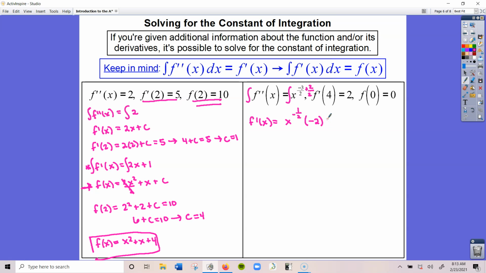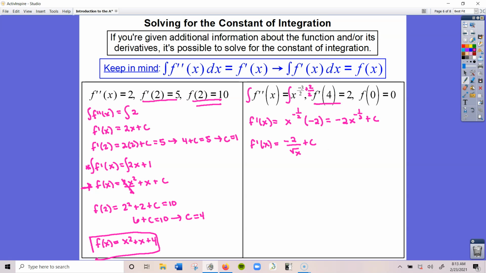So I get that f prime of x is equal to negative 2x raised to the negative 1/2 plus c, which I can rewrite as negative 2 over the square root of x plus c.